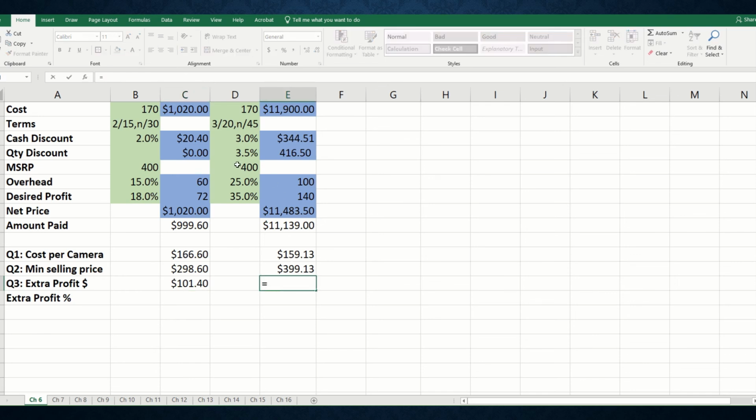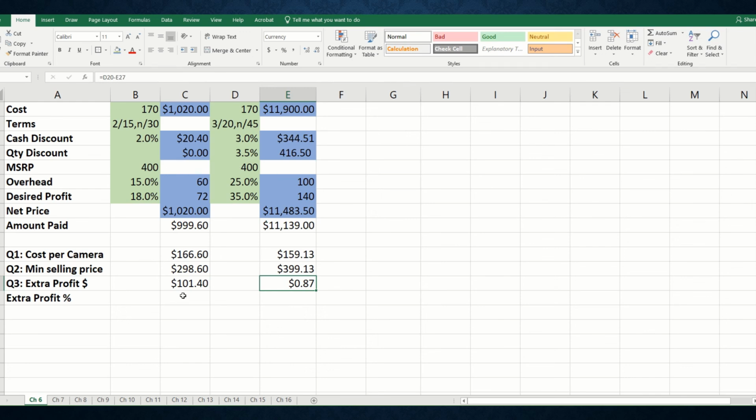That's going to equal the manufacturer's suggested retail price minus the cell above it, so it's really hard to see. So we're just going to use our up arrow so that we use E27. Okay, so extra profit was only 87 cents because our MSRP was 400.